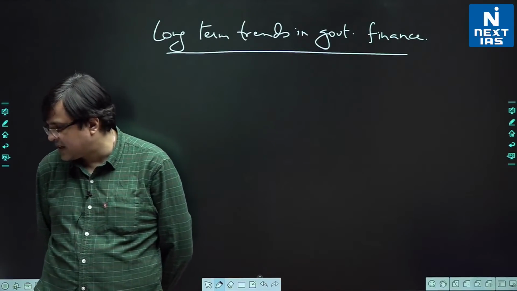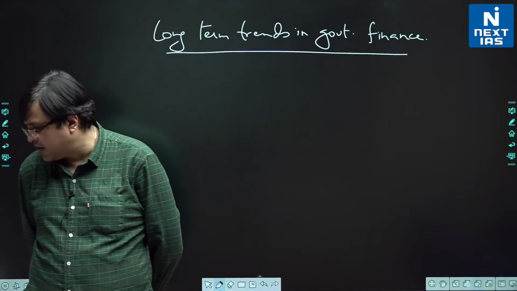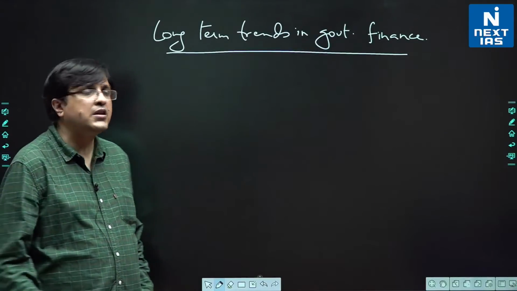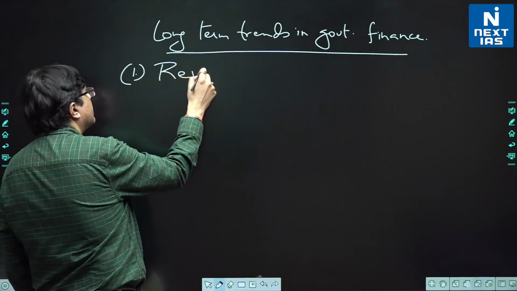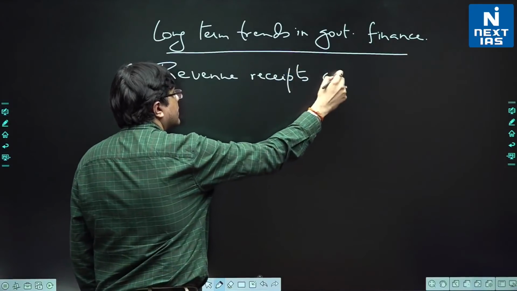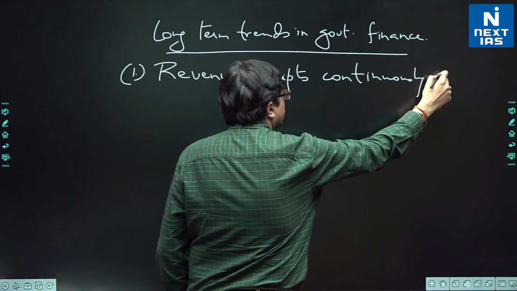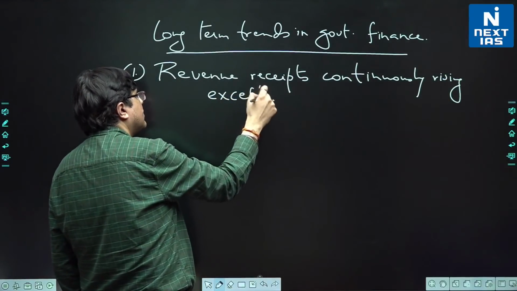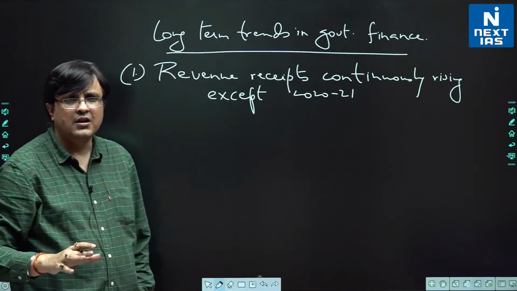Revenue receipts have been consistently rising except 2020-21. That is one. For the central government, revenue receipts have been continuously rising except 2020-21 when there was a slight fall.